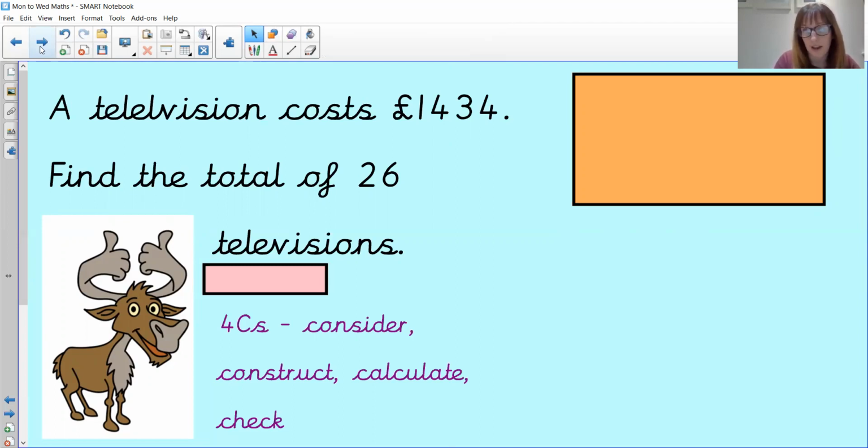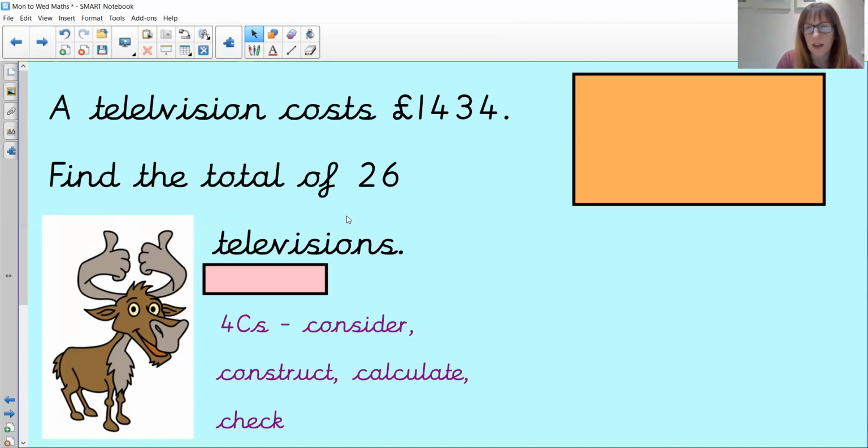Now you know that our can I is to multiply, so it's probably obvious today what the calculation is going to be, but if this was in a page of mixed problems, multiplication, addition, subtraction and division, it really helps to think of the 4 C's. Maybe we'll do a little bit more on when we're all back in school.